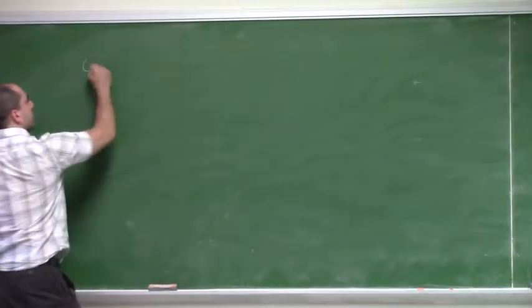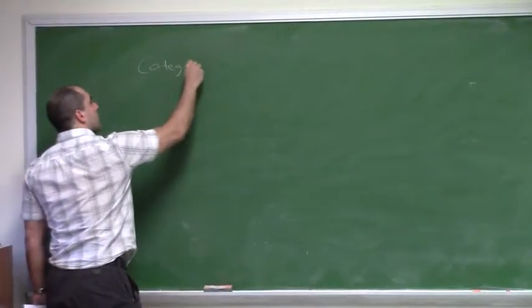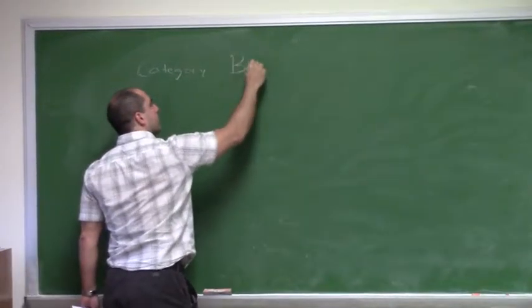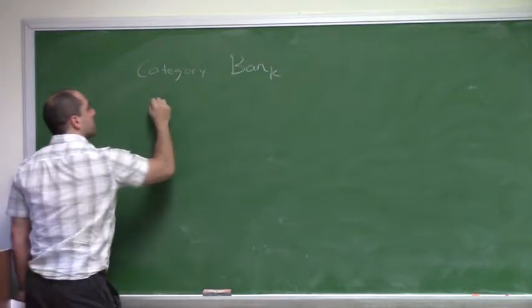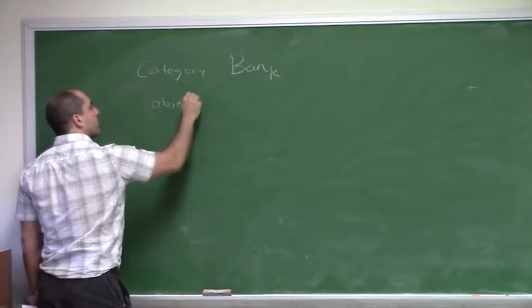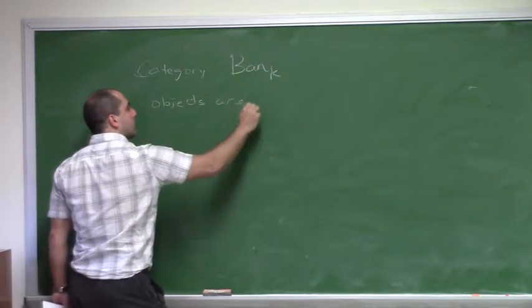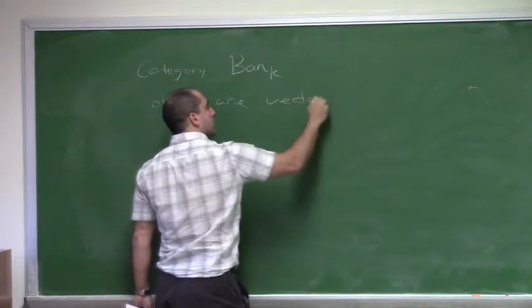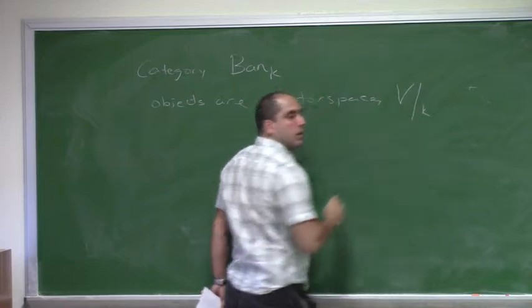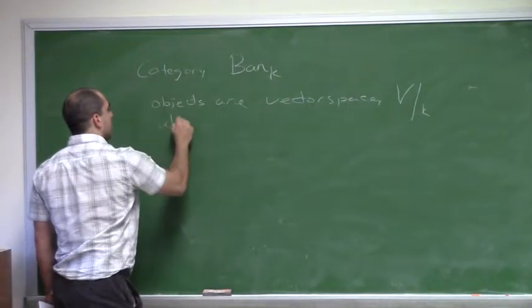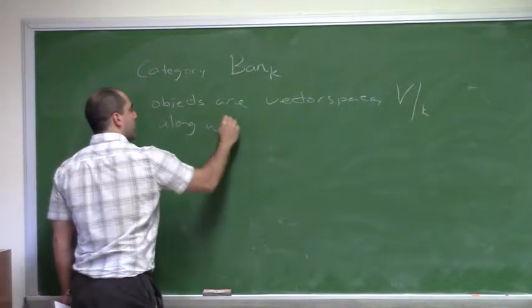We get a category over K. The objects are vector spaces V over K, along with a norm.